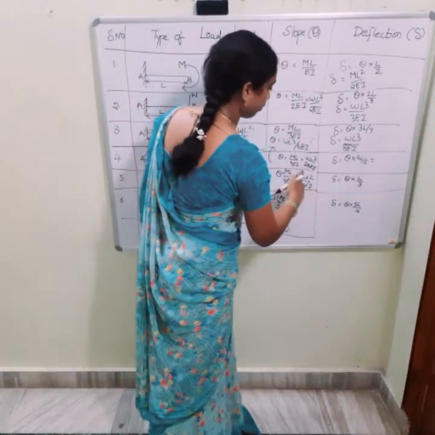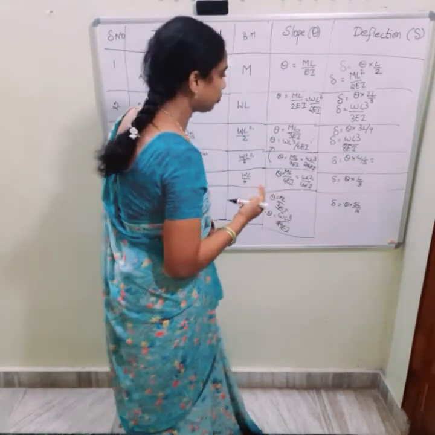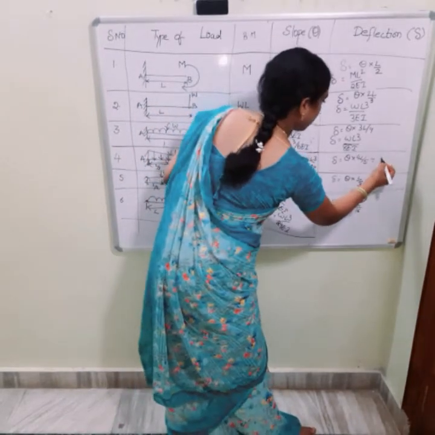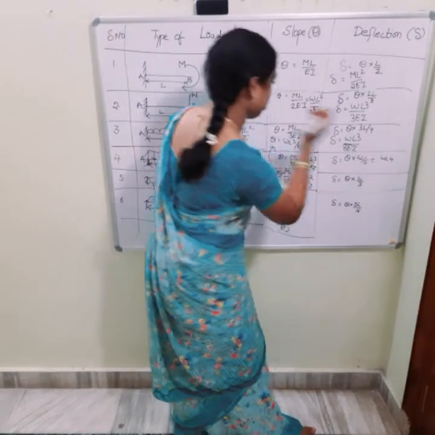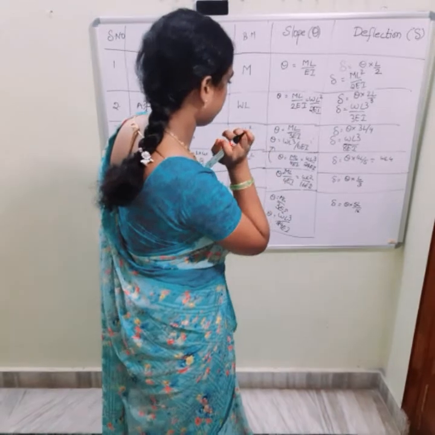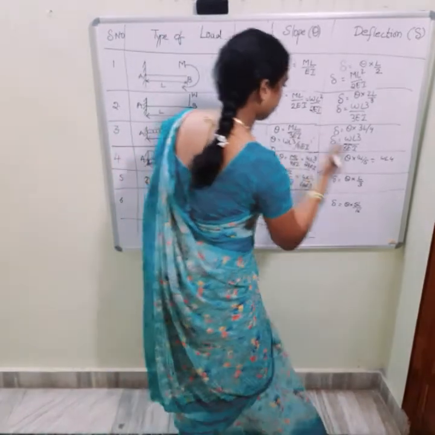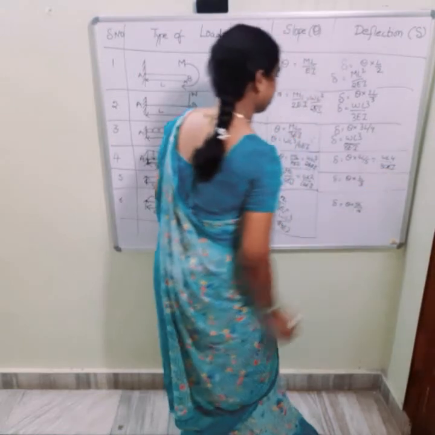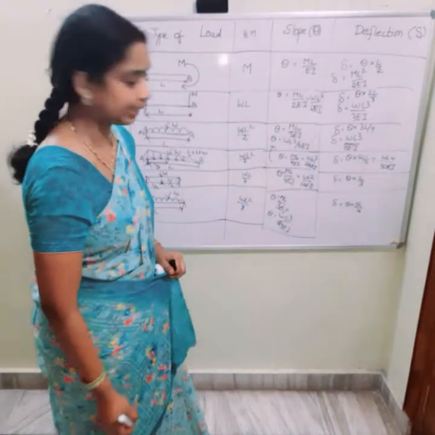Here also 4 is there, if I substitute this delta value, how will it be? 4 6s are 24, 6 into 5, so it is WL power 4 by 30EI.